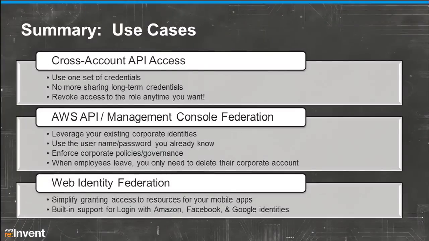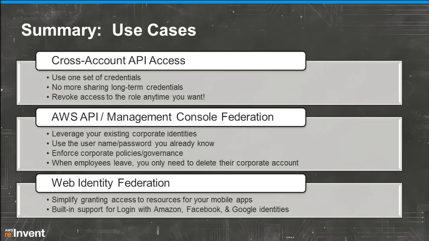Okay, in summary, we looked at a number of scenarios. One of them was cross-account API access. Just to remind you, this is a great scenario so that you can use one set of credentials to access any of your resources. You don't have to share long-term credentials with your coworkers or your business partners. We looked at a number of federation scenarios, whether you're using single sign-on to the management console or API federation.